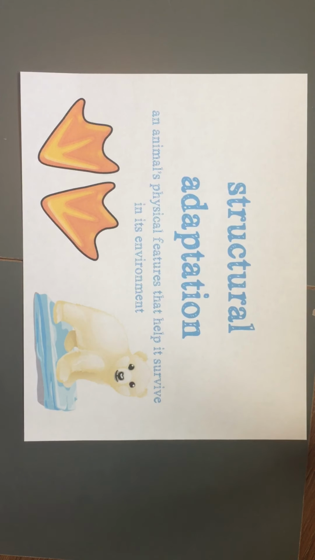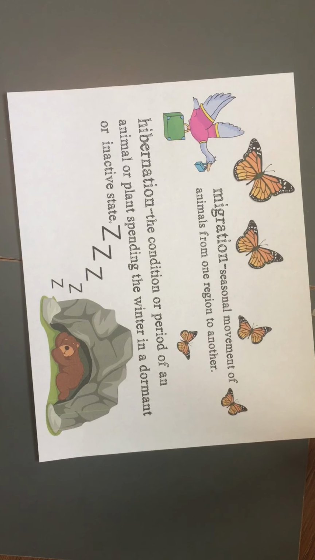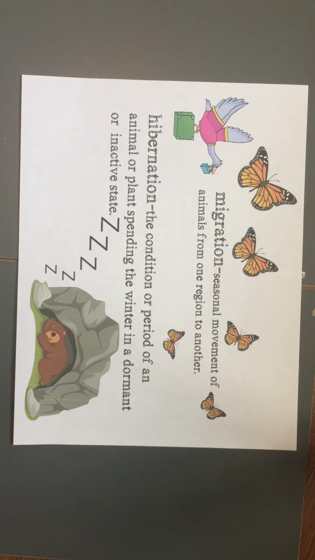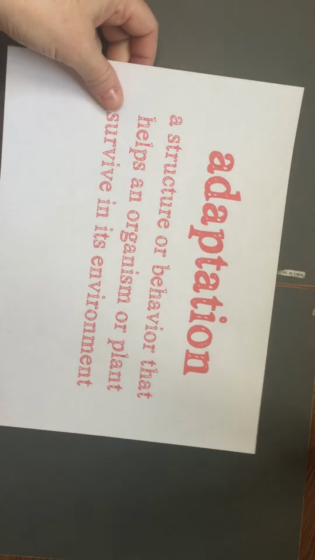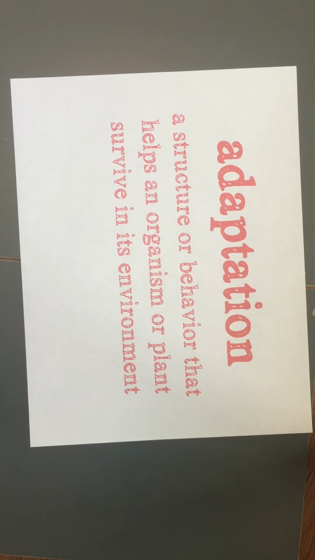Remember the word structural adaptation. These are the physical features that allow an animal to survive in its habitat. And some animals we've talked about migrate or hibernate. And all of these things are animal adaptations.